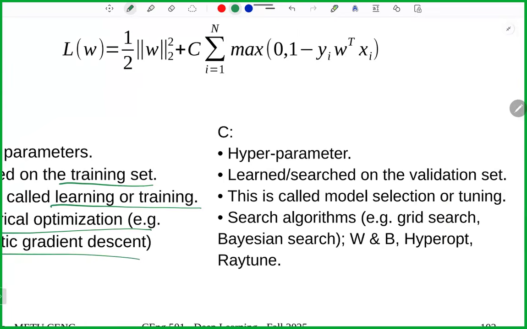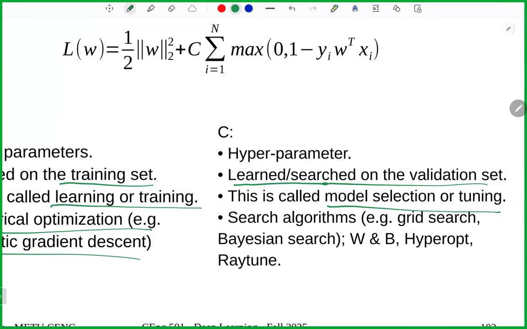On the other hand, for hyperparameters, for example, C, this is learned or searched on the validation set, right? So these are the fundamental distinctions. And this process is called model selection or tuning. You can call this training, but it has a specific name, model selection.